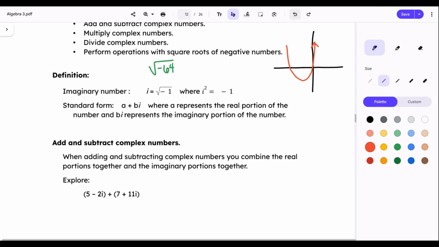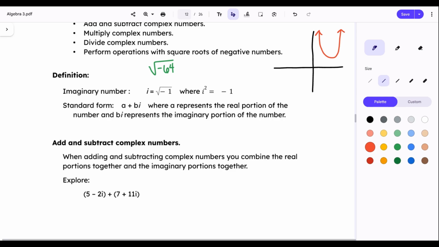But there are cases where your parabola might look like this. In that case, it doesn't cross the x-axis at all. So there aren't what we would call real solutions, but there are solutions to the quadratic here. It's just that they're going to be imaginary.